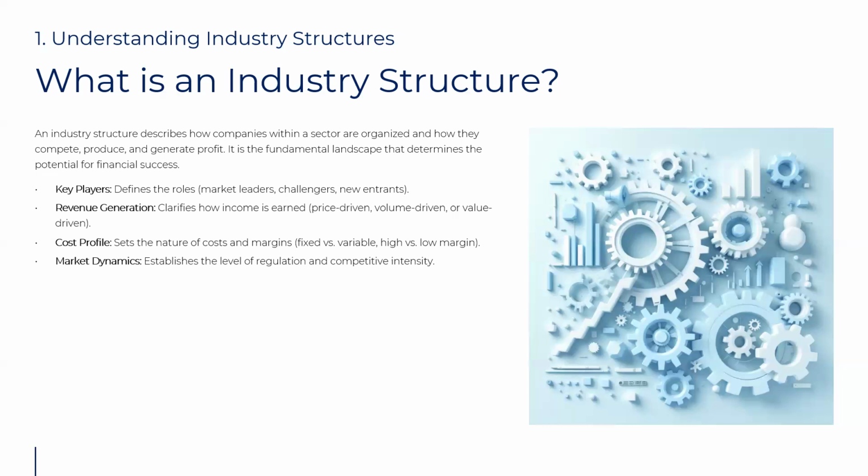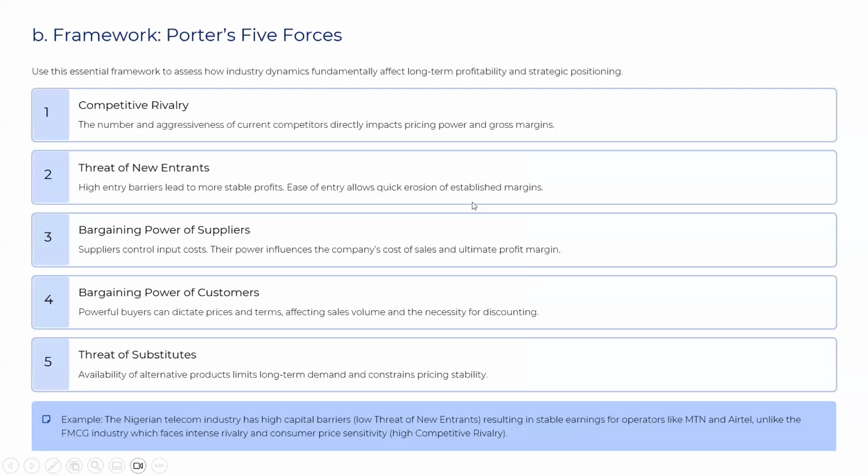Now, we also have some mixed cost, but as time goes on, you understand what this is all about. So we also have the market dynamics. The market dynamics establish the level of regulation and competitive intensity. So that's just what industry structure is all about.